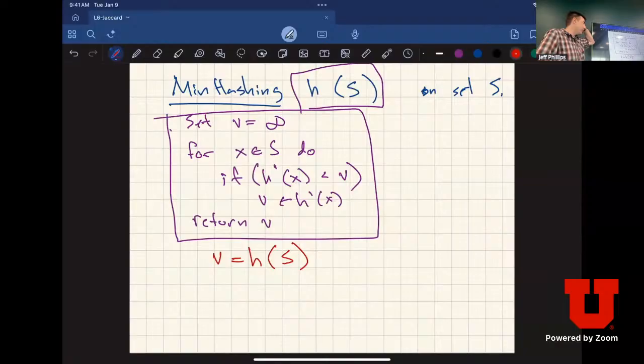Okay, and if the two objects, remember, so what's the probability that two objects are going to have the same minimum value, right? So two sets, what's the probability that two sets will have the same minimum value?